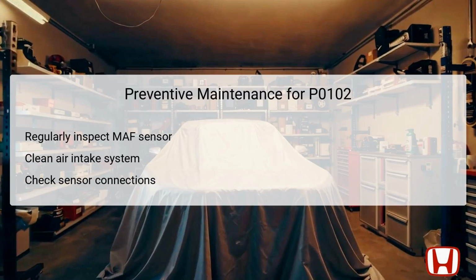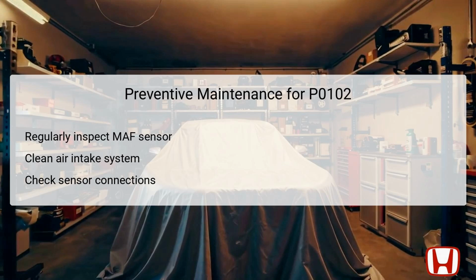To prevent the recurrence of issues associated with the DTC P0102, regular maintenance of the MAF sensor and its related components is crucial. Schedule periodic inspections to ensure that the MAF sensor and its wiring are intact, as physical wear can lead to electrical issues. It's also a good practice to clean the air intake system and the sensor itself, which helps maintain accurate airflow measurements.